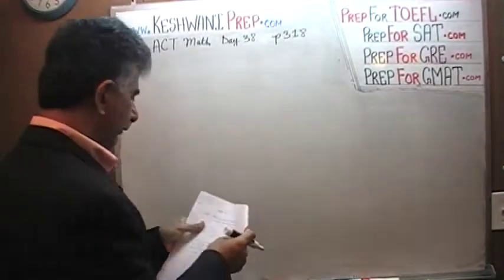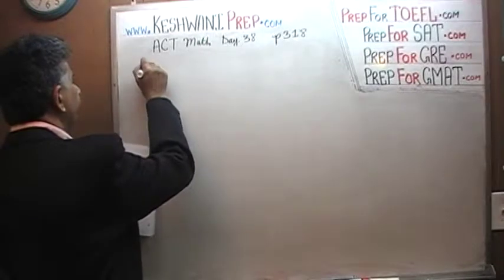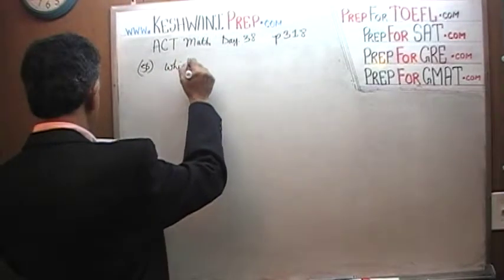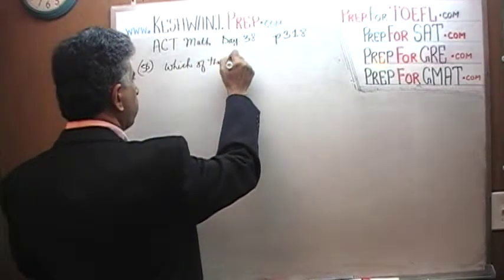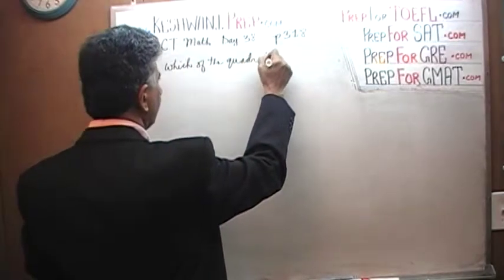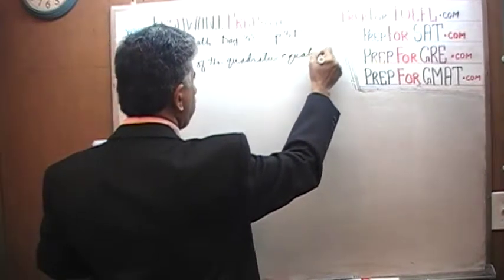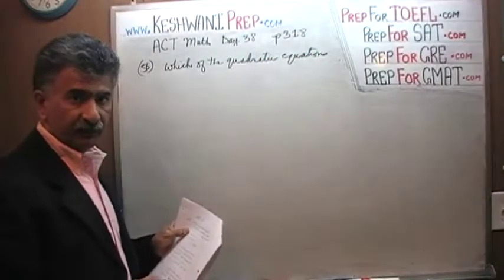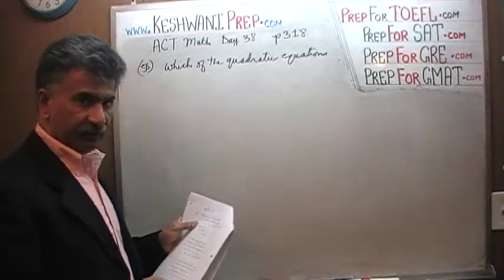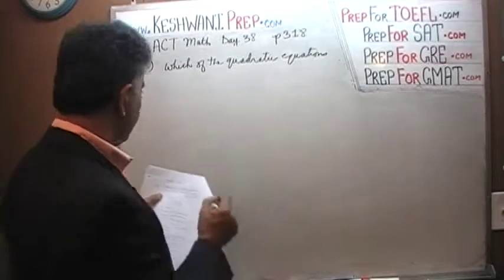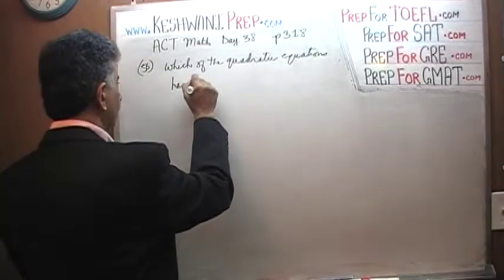In number 56, they are saying which of the quadratic equations, we are given 5 equations, of course, in the 5 answer choices, and they are asking us which of the 5 given quadratic equations has solutions.